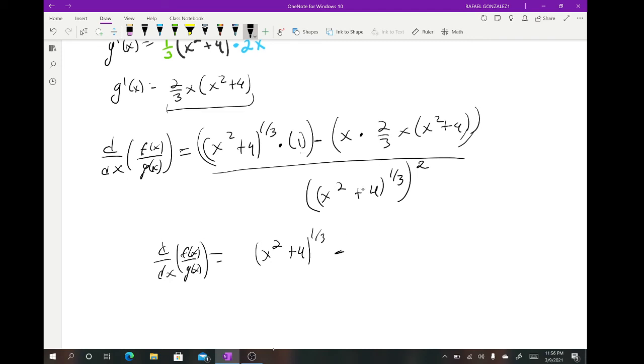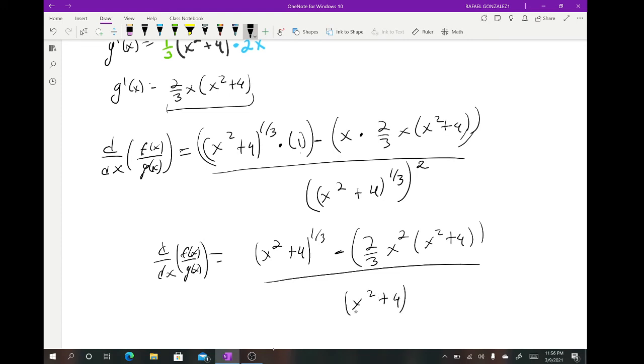But now on this right side we have x times 2 over 3x, so that's 2 over 3x squared times x squared plus 4, all divided by x squared plus 4, and then you just multiply the 2 times the 1/3, so that's to the 2/3 power.